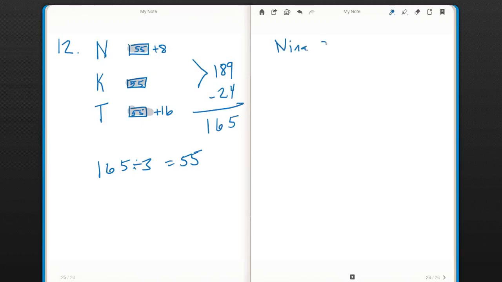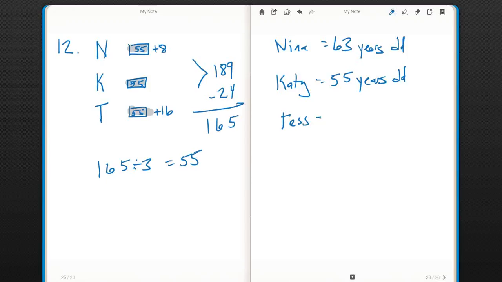So then Nina is 63, Katie is 55, we should probably say years old. They're not 55 days or 55 decades. Katie's 55 years old, and Tess would be 71 years old.